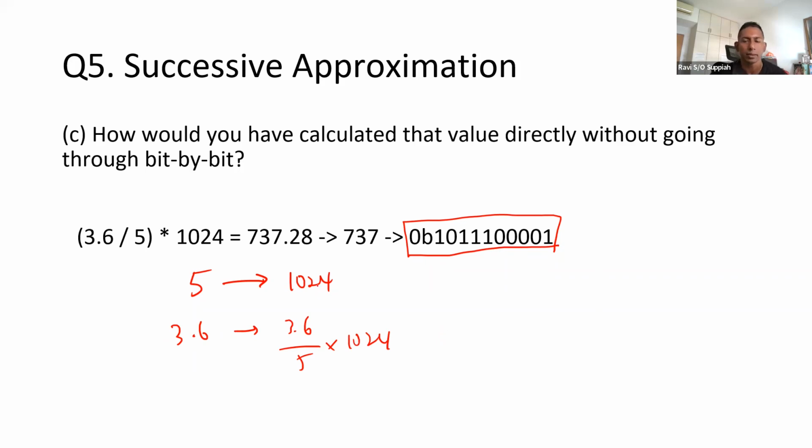Again, this is based on the 5 volt mapping to 1024, that is the highest voltage and this is the highest ADC reading. This one you just do a conversion, use your calculator. Using any decimal to binary converter, you can get the final answer here.